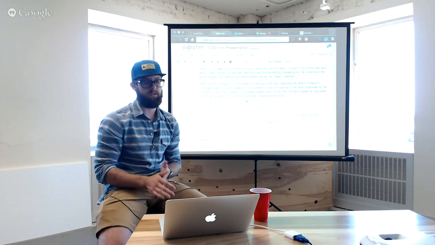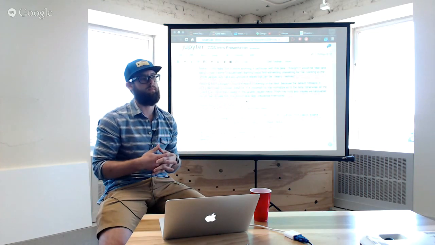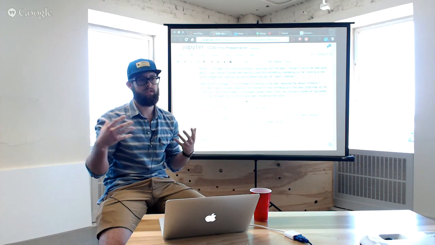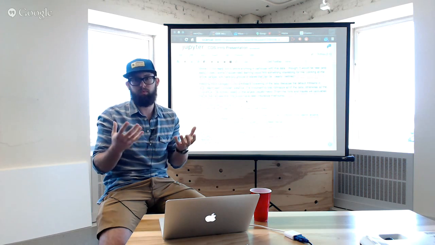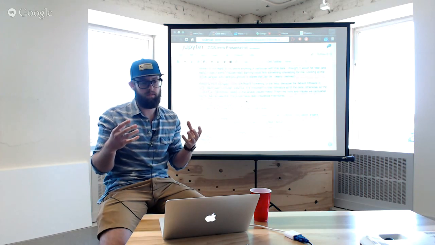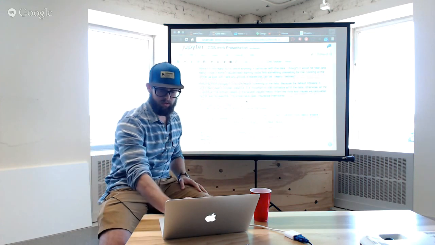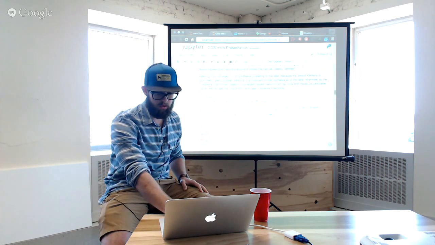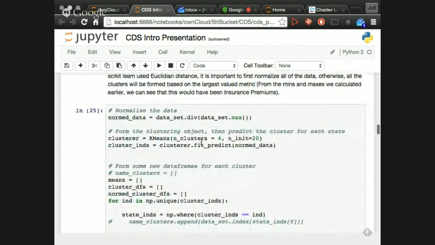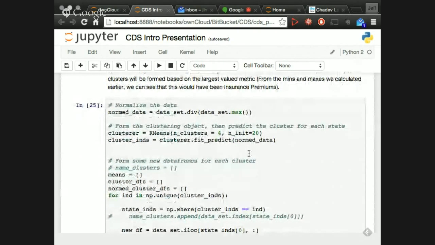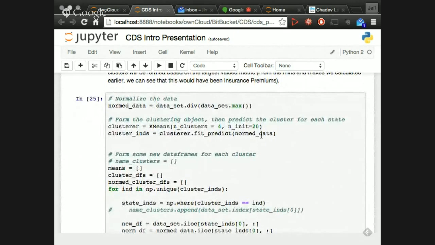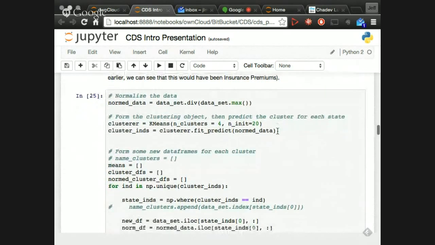Basically, it uses Euclidean distance among those 7 dimensions to group your states in this case. And so let's see what I do here. By the way, I made this a while back. I reviewed it, of course, but just keep that in mind.